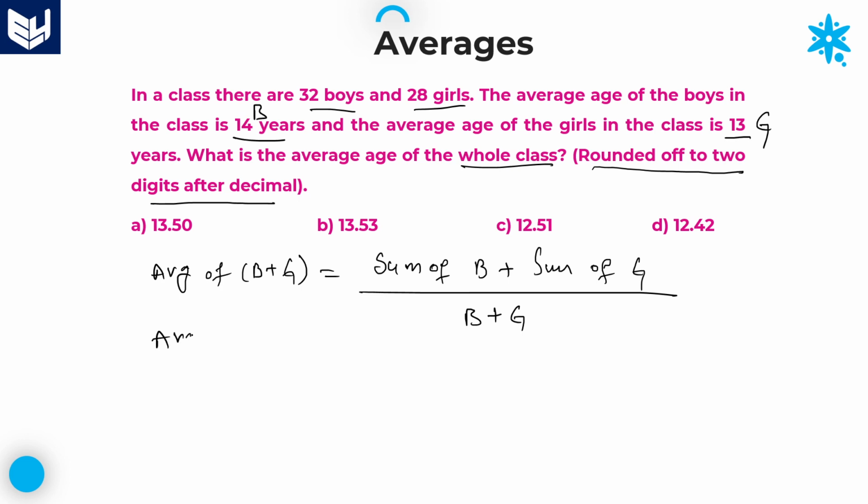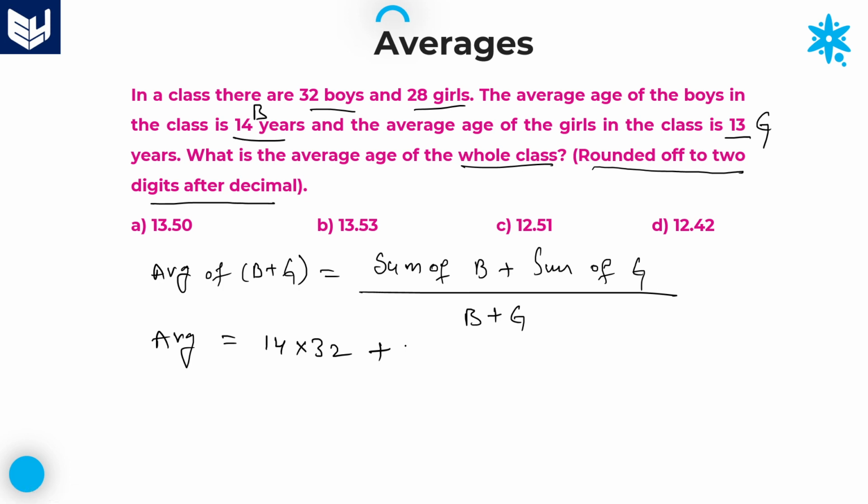The required average of the entire class is equal to the sum of boys. How can you get the sum of boys? Sum is nothing but average into number of boys. Here the average of boys is given as 14 and the number of boys is 32. 14 into 32 plus the sum of girls, which is average of girls into number of girls.